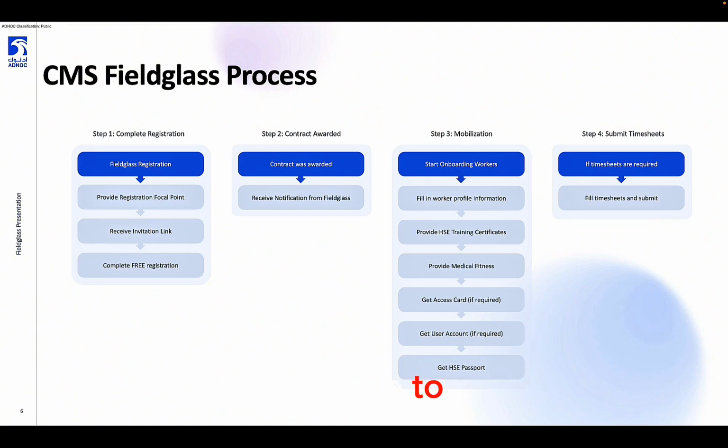You will then be able to create a profile for your workers, and then follow the necessary steps needed as part of the mobilization to ensure that contractors receive the correct training certificates and undertake the correct medical fitness test. The system then will allow for management of access cards for people to get on site, and also for user account creation to enable access to ADNOC networks.